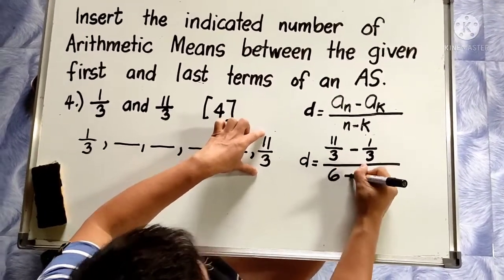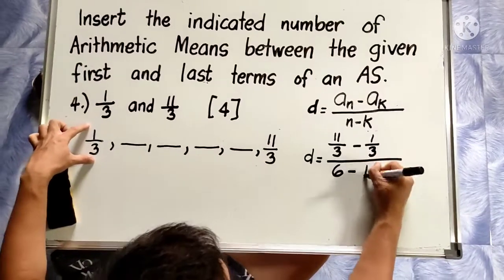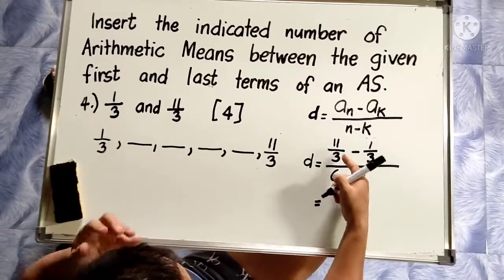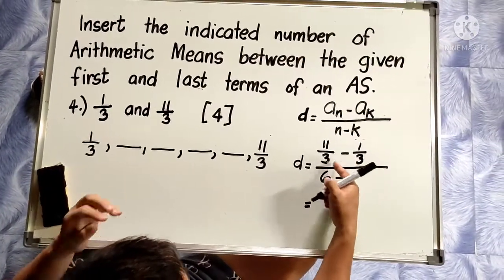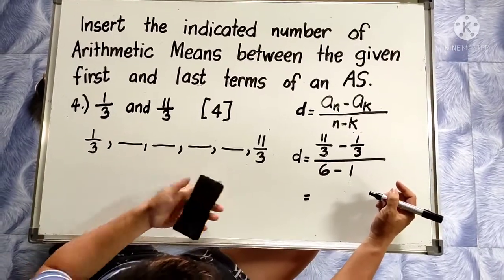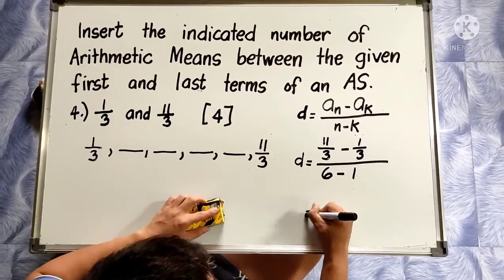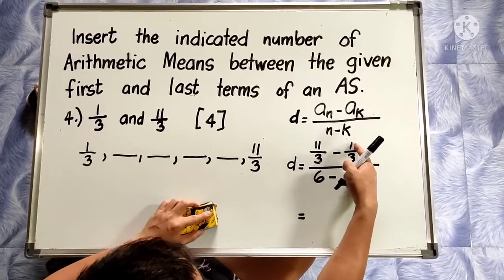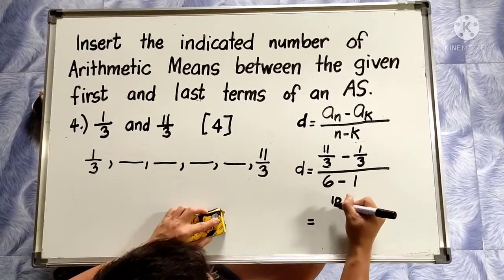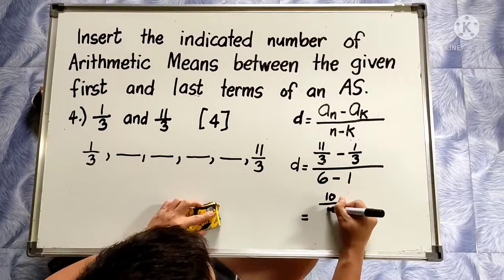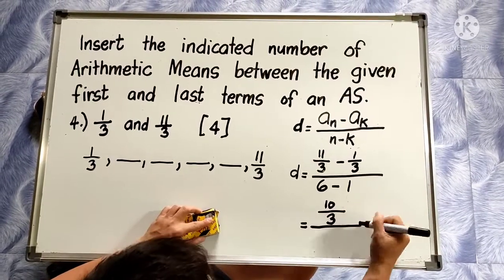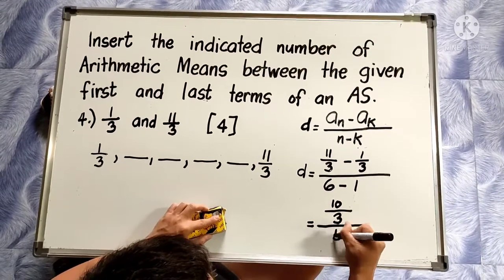So you write here 6 minus 1, since it is the first term. They have the same denominator, so you can get the difference right away of the numerators. 11 minus 1 is 10. Copy the denominator, 3, over 6 minus 1 is 5.